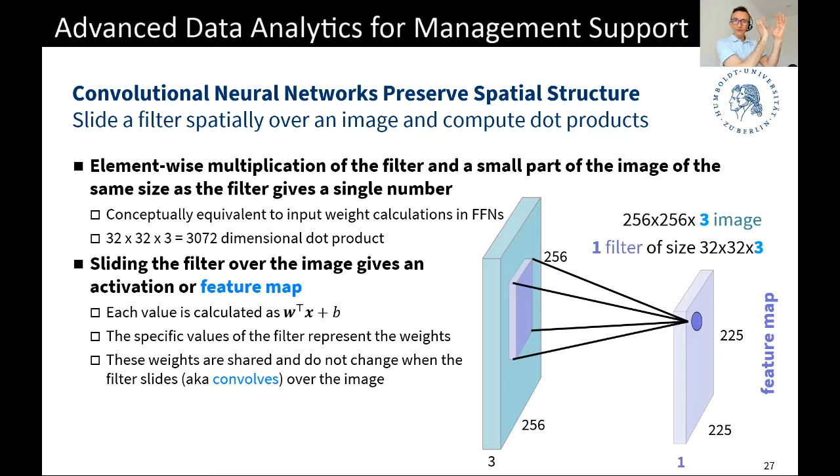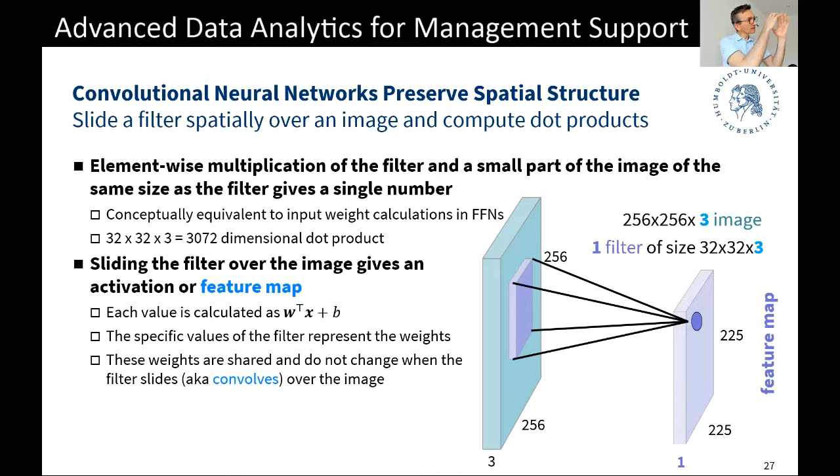We don't have to worry about the 3 color channels, because we said the depth dimension of the filter is always equivalent to that of the input image. Things always work out there. So I put my filter on the left upper corner of my image. I go through this pairwise multiplication, and it gives me one point as output.